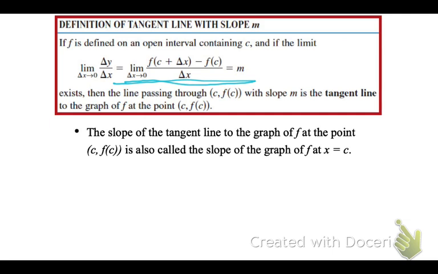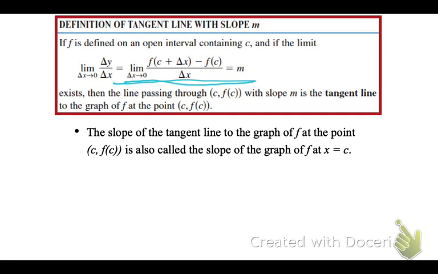So the limit as the change of x approaches 0 of the difference quotient, f of c plus change of x minus f of c over the change of x, equals the slope of the what? The tangent line. The slope of the tangent line is the limit as the change of x approaches 0 of the difference quotient.